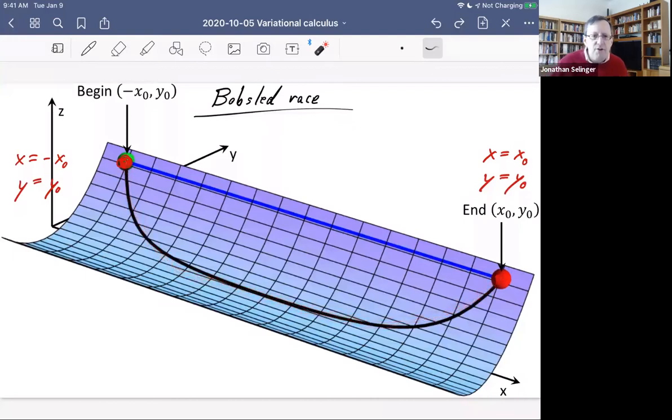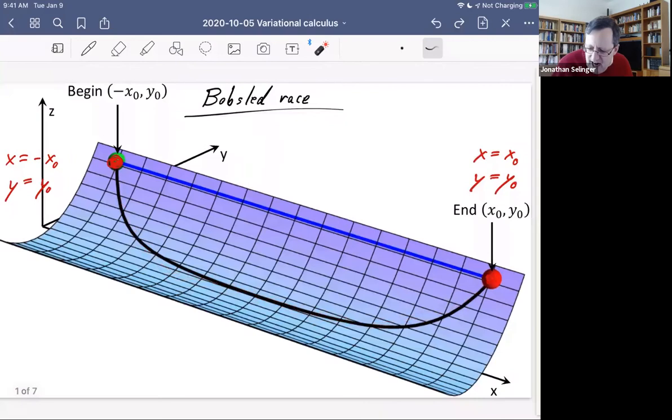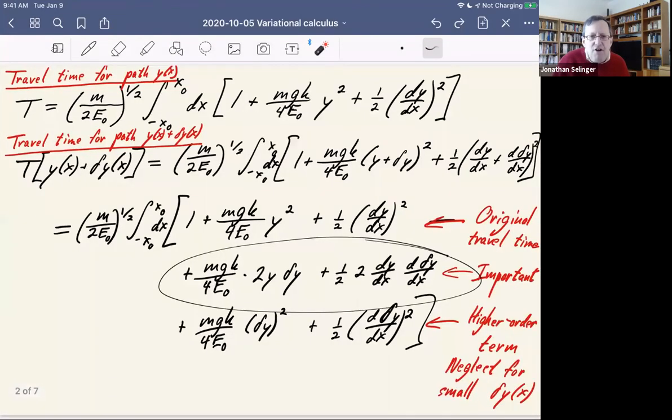That is this trajectory. But apart from the answer of this particular problem, what I want to emphasize to you is the method, because this is the kind of method that we're going to use for other problems where we need to minimize a function of a function.